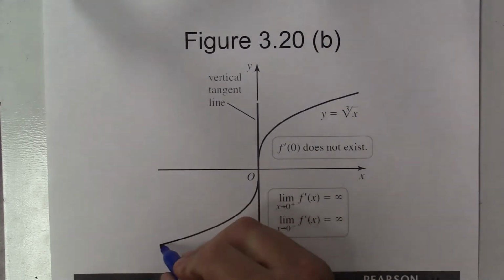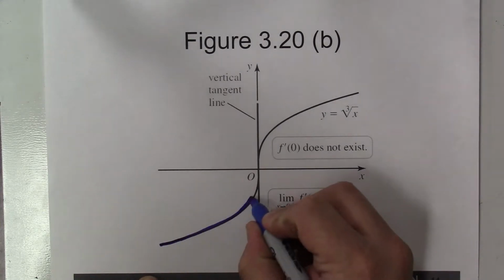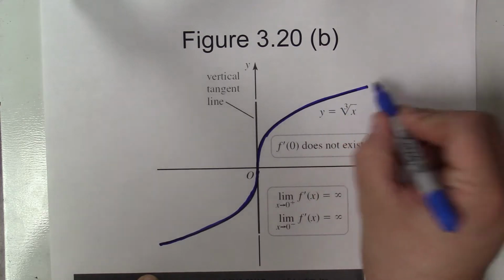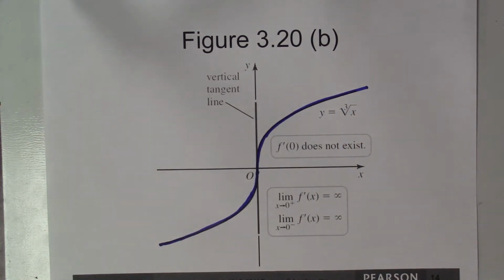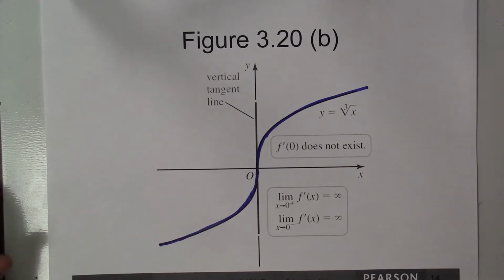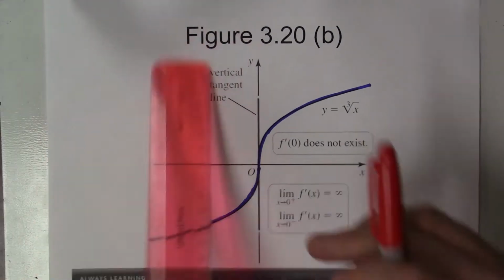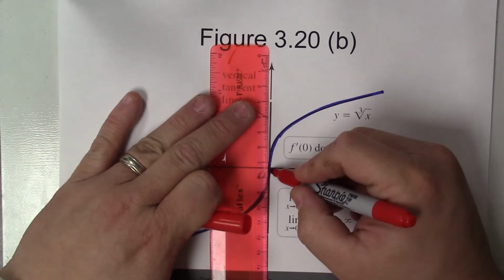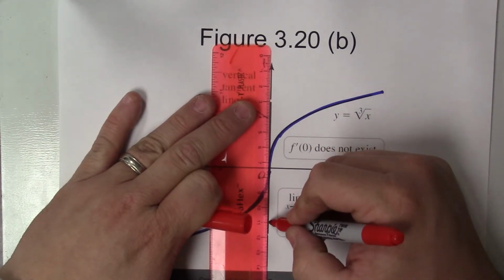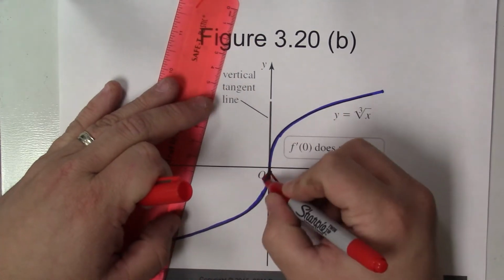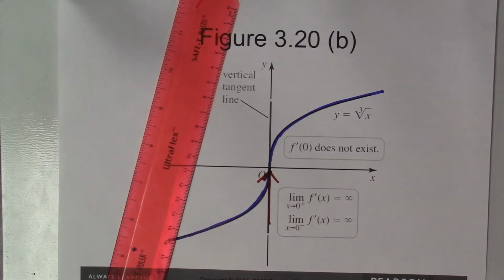I'm going to highlight in blue this function, the cube root of x. What's happening here, if I look at the slope from the left, if I come in here, the slope is a perfectly vertical line.